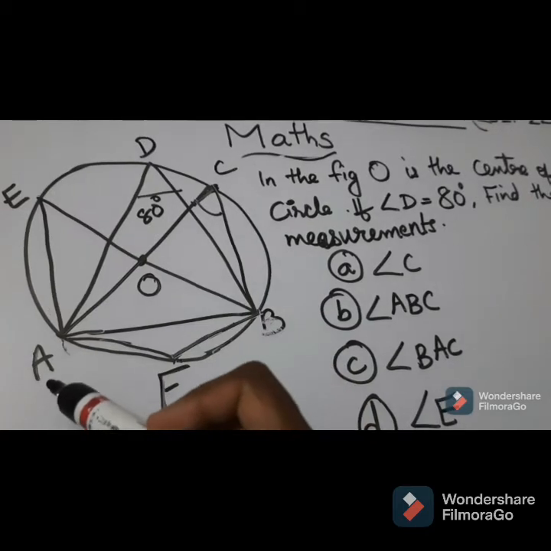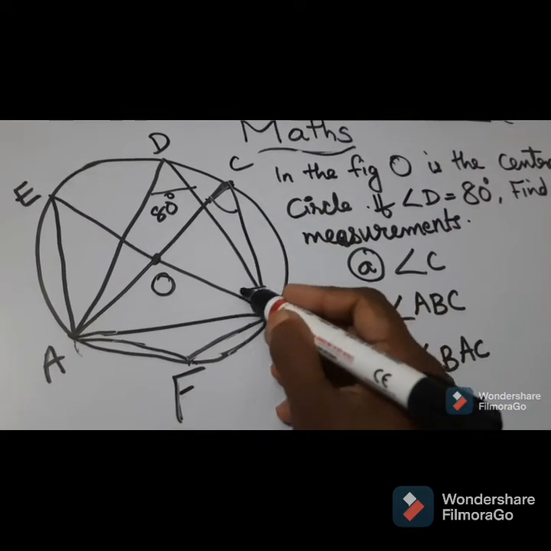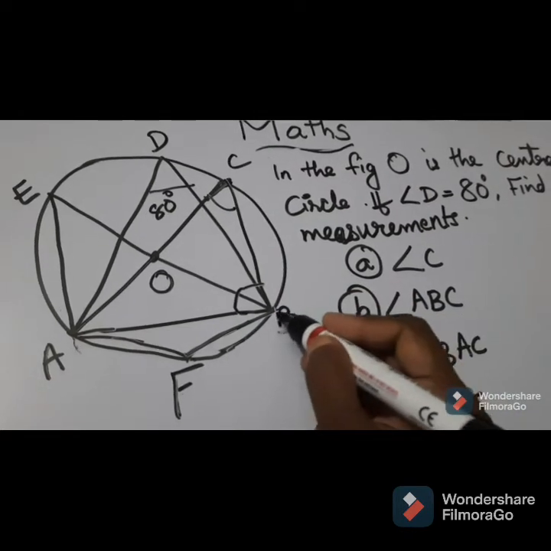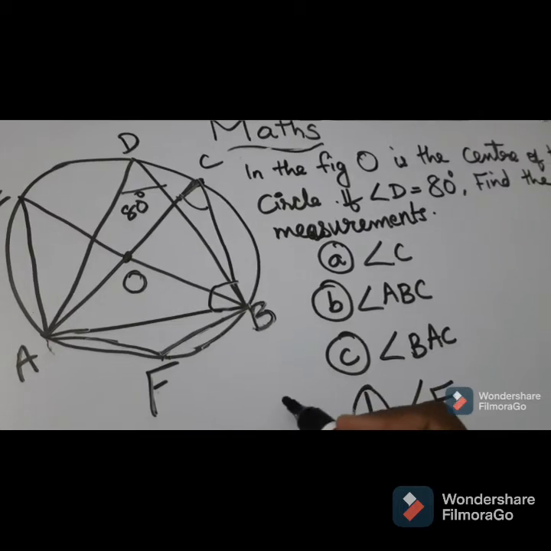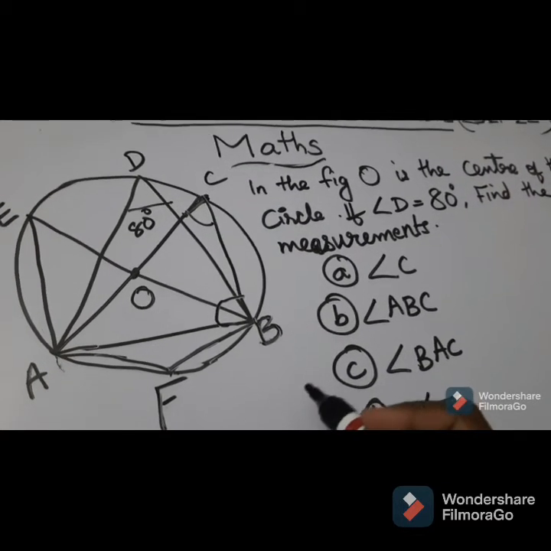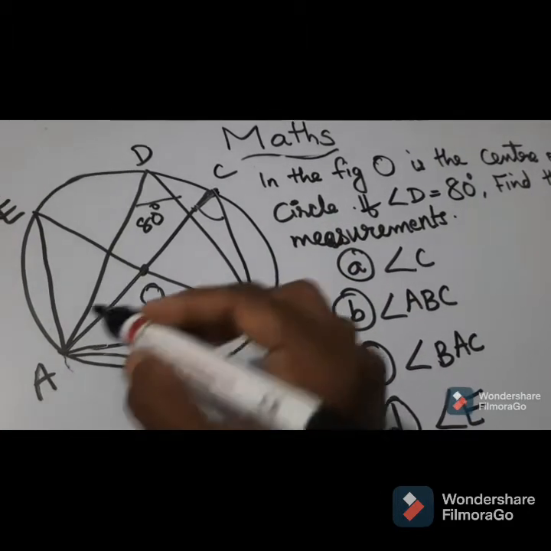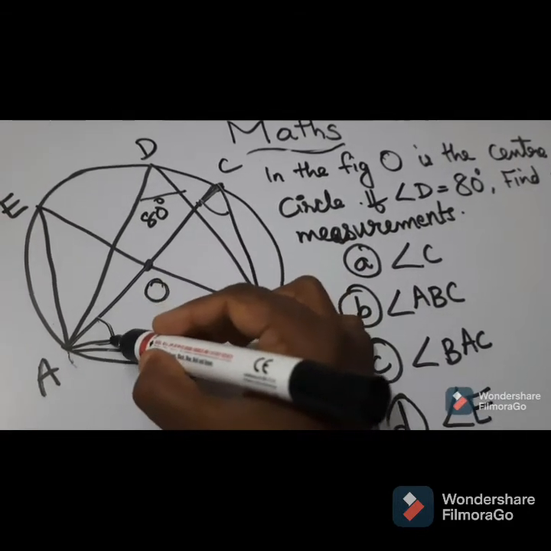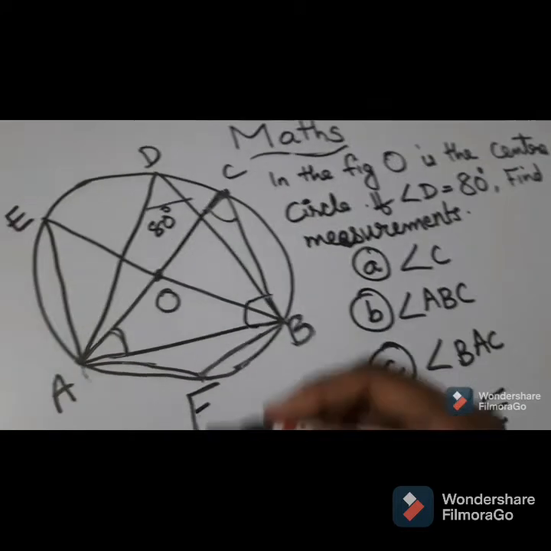Angle ABC, this angle we want to find. Then angle BAC, this angle. Then angle E.